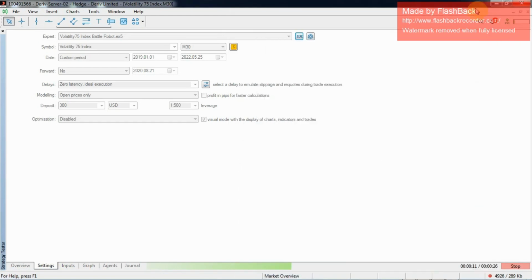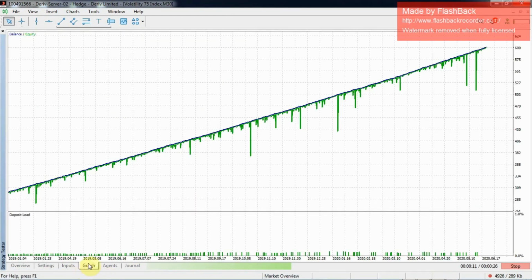I want to explain something important. Most retail traders who are trading manually, who are not using robots, don't realize that their strategies have drawdowns. Same with robots like this. These small spikes you see to the downside, these are drawdowns.